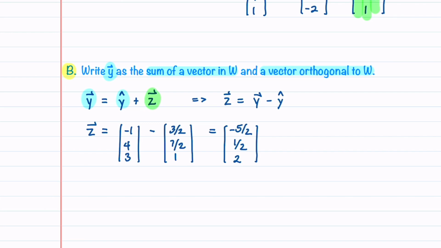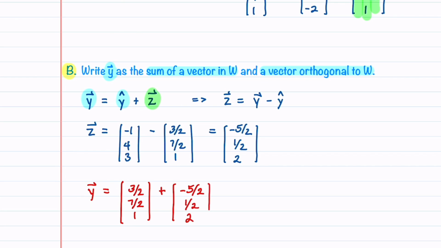For our final answer, we're going to take our vector y and write it as the sum of a vector in W, that's our vector y hat, which is 3/2, 7/2, and 1, plus a vector orthogonal to W, which is our vector z, and that's -5/2, 1/2, and 2.